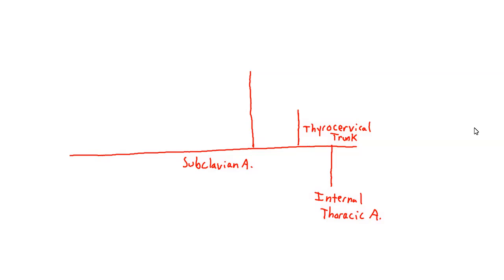I'm not going to get very picky. Know that both the vertebral artery and the thyrocervical trunk come off of the subclavian artery, because obviously there's going to be some variation. We're going to label the vertebral artery here.